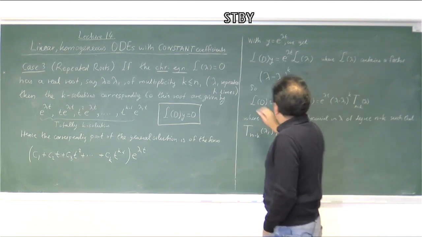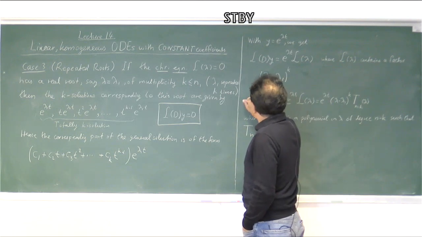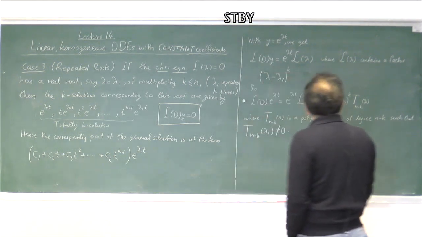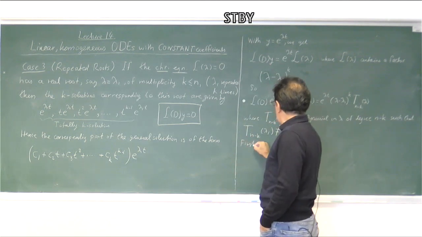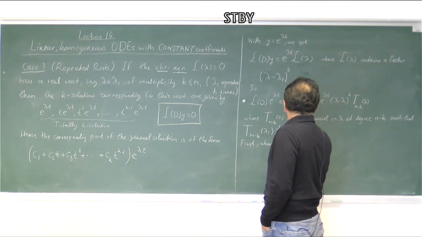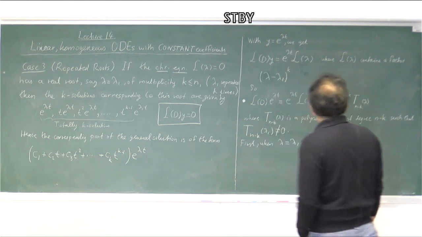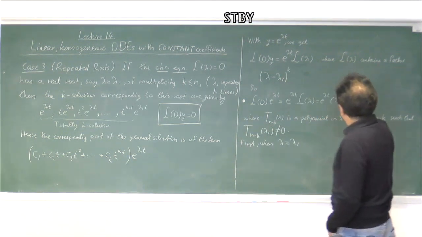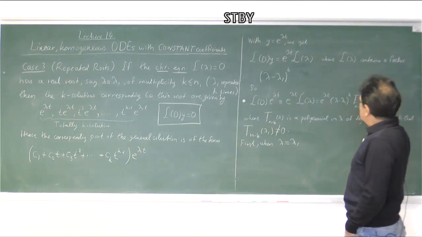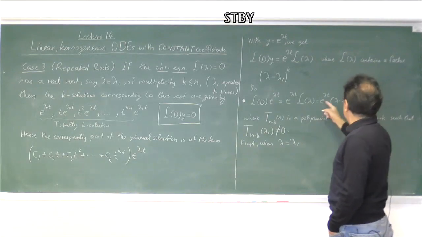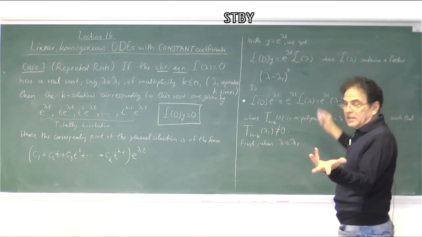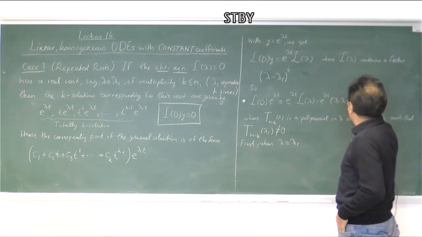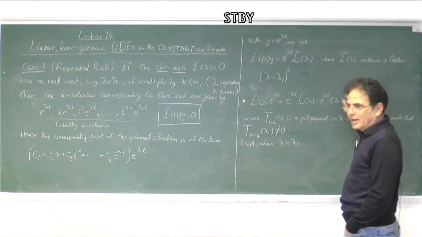Now, with this main result, clearly first, we see that when lambda is lambda 1, good, this equation is 0. Because k is not 0, it is at least 2, okay?